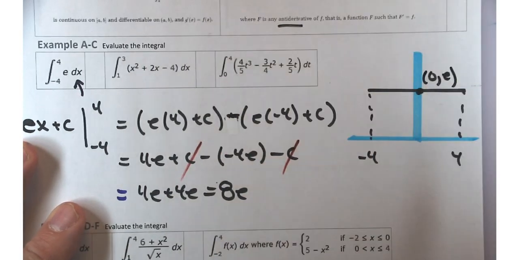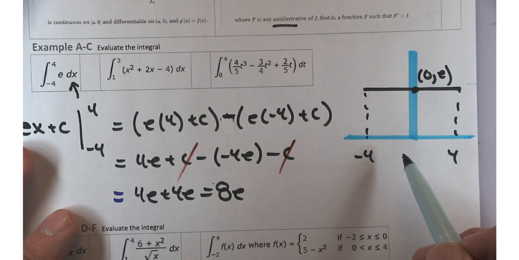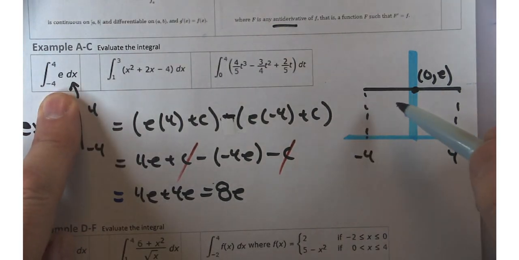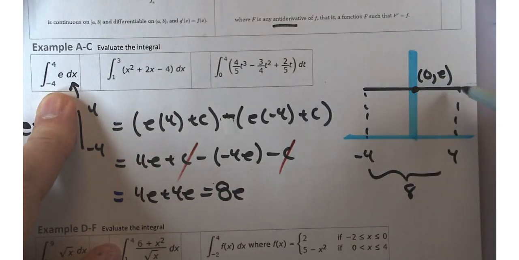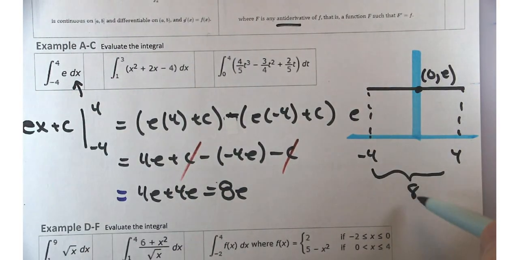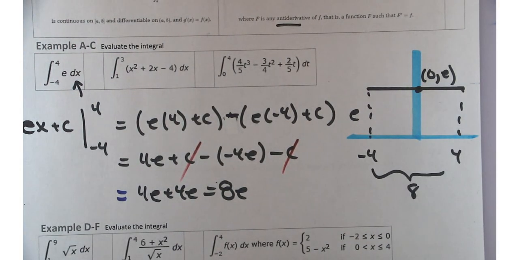So really what you're trying to find there is the area, and it makes sense, right? This length is 8 times the height, which is e, 8 times e. That's your value.